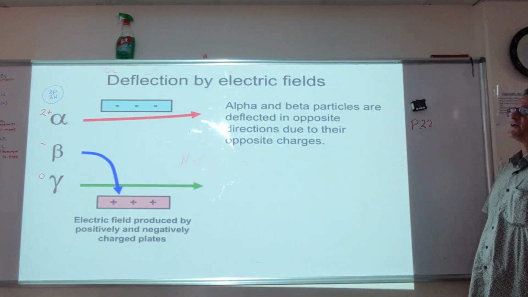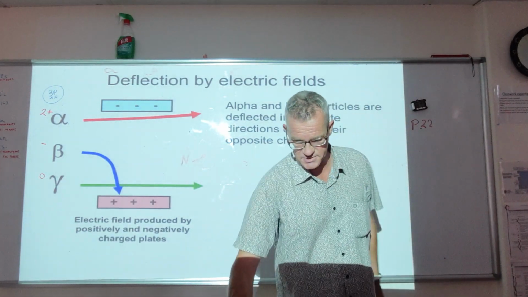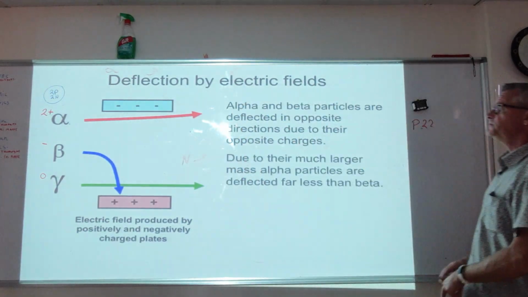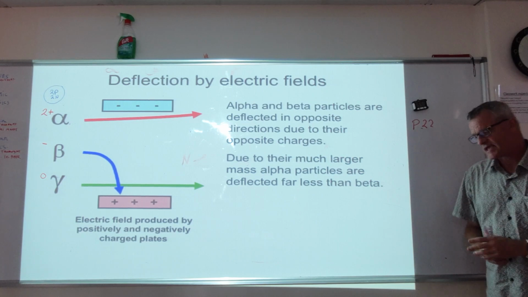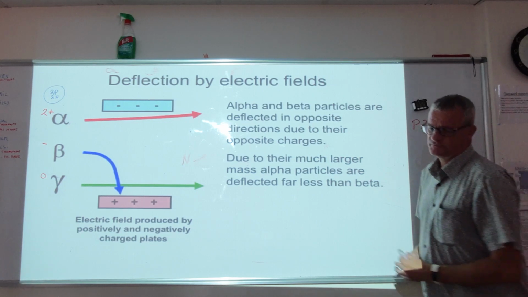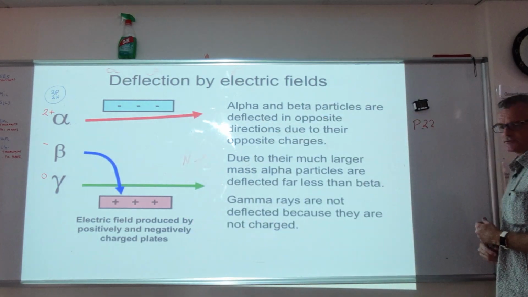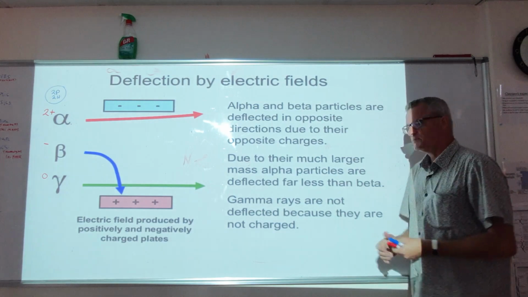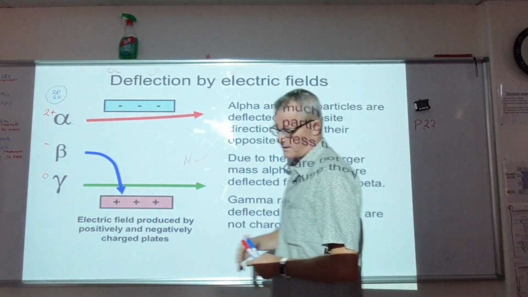Alpha and beta particles are deflected in opposite directions due to their opposite charges. Due to the much larger mass of alpha, it is deflected less than beta. And the gamma goes straight through because it is not charged. Okay?